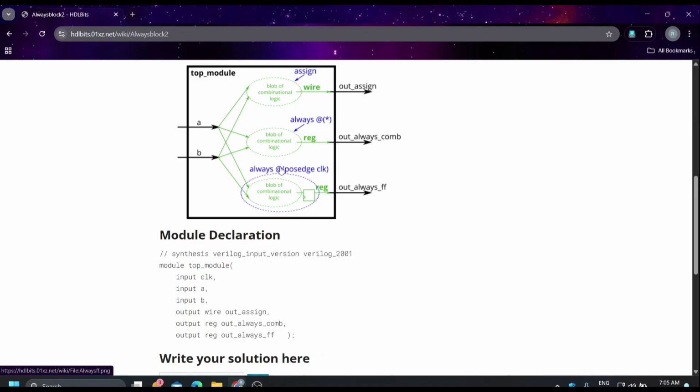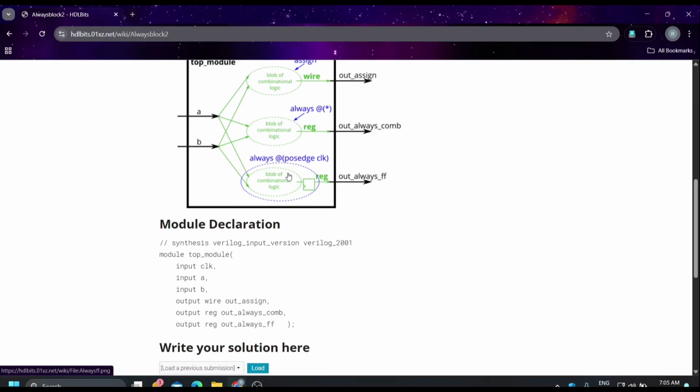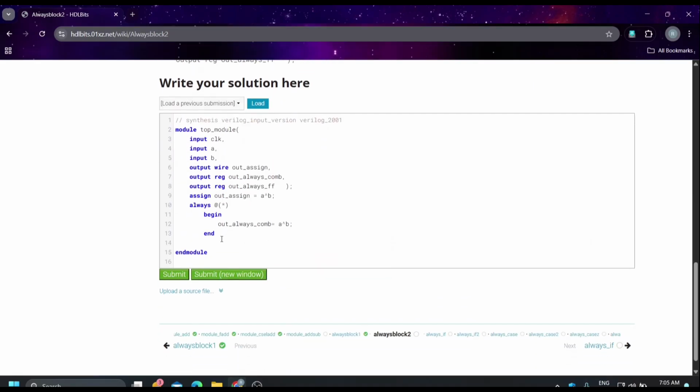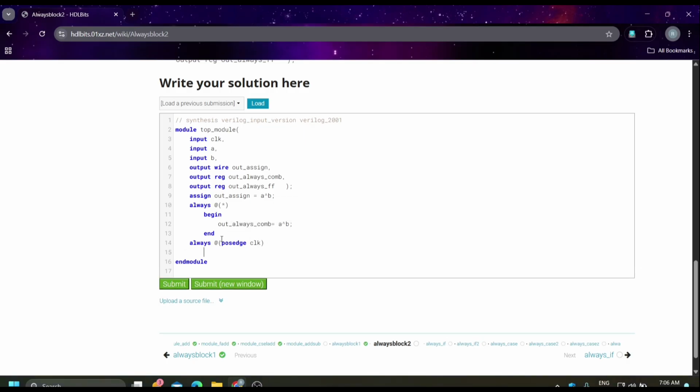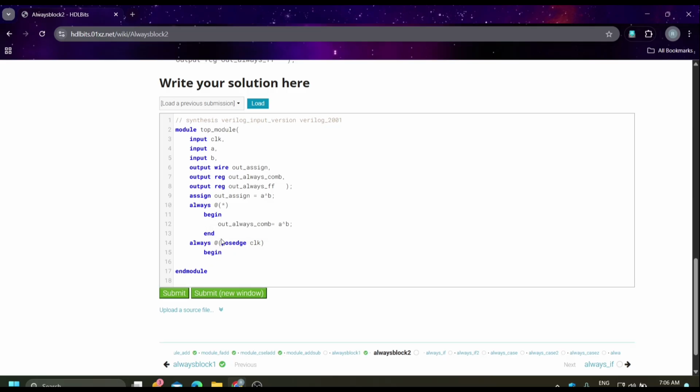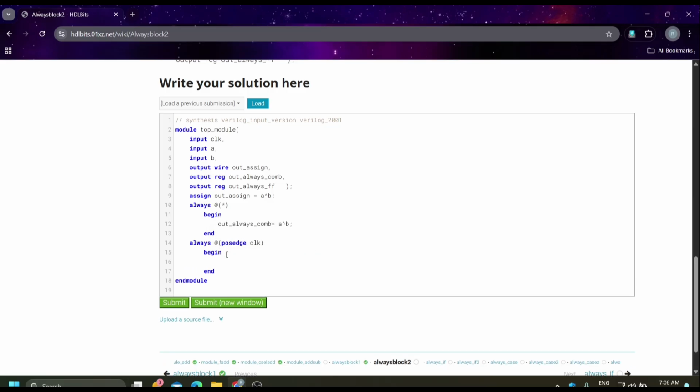Next we can write for always at the rate posedge clock. Always at the rate posedge clock, begin end. So what is the output?